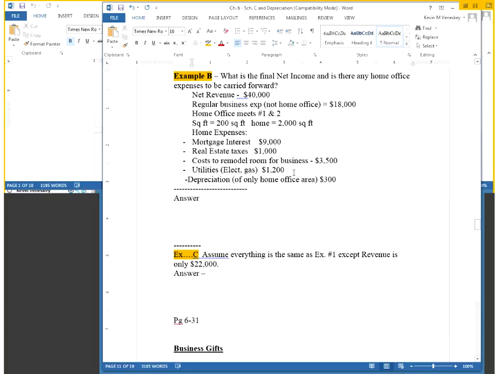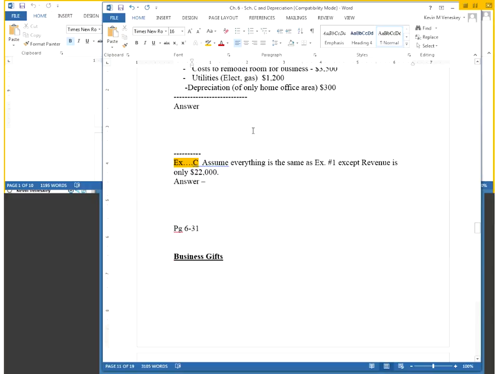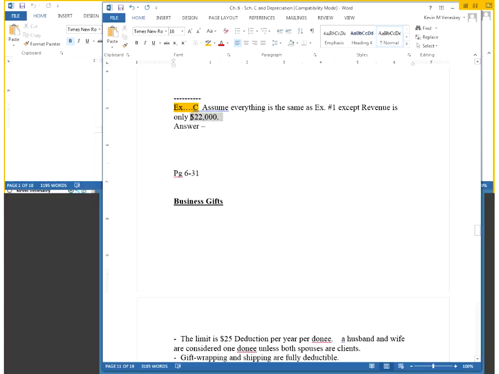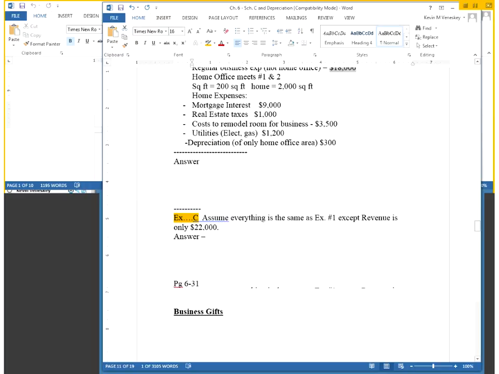I have 22,000 left that can be spread out to my home office expenses, so plenty. And you can look at my answers that I have posted online for those. Example C, notice our revenue is only 22 minus the 18. So now we're only down to 4,000 that we have left to use before we get to 0. So we'll have to see what we're allowed to use and what not.